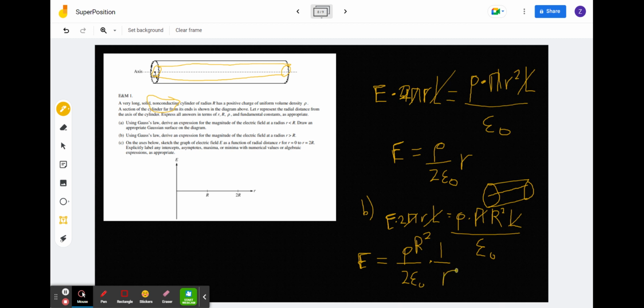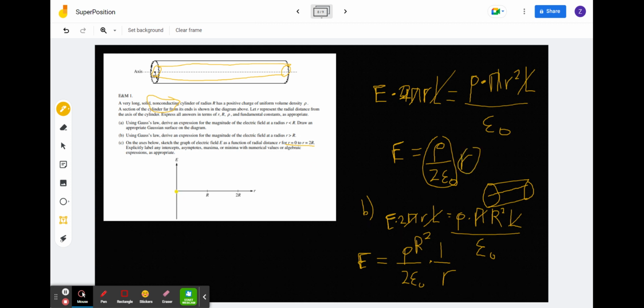So now part C is asking us to sketch out the field E. We've derived an expression for inside, we've derived an expression for outside. Now we can put these to good use. For distance from r equals 0 to r equals 2R, between 0 and R, we've derived that rho over 2 epsilon naught is a constant, and that's proportional to r.